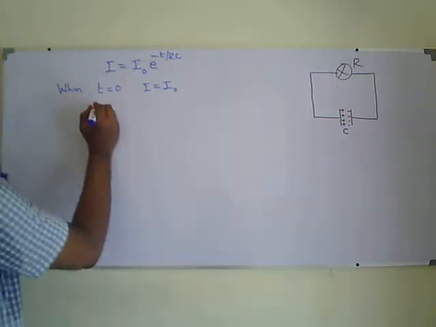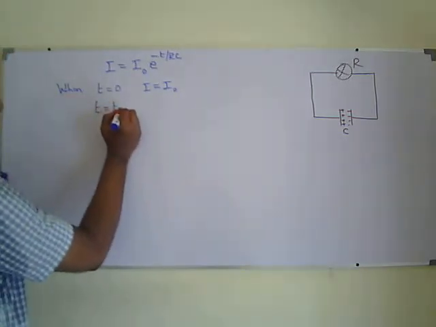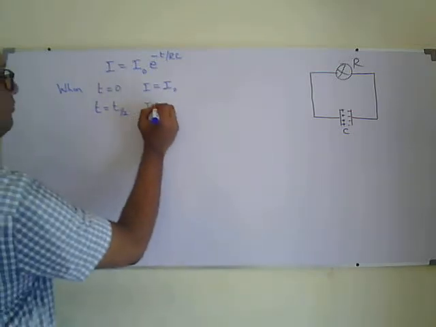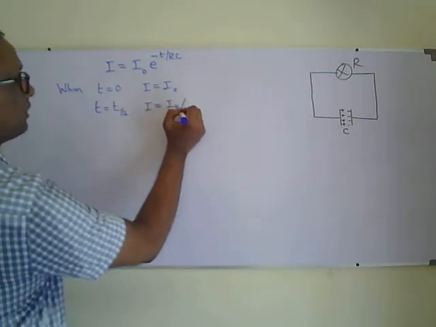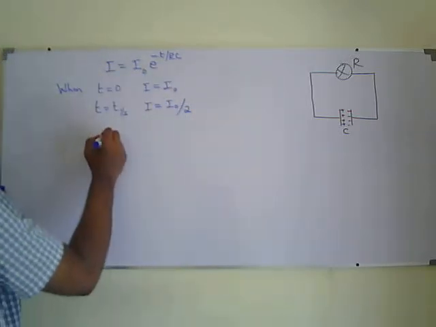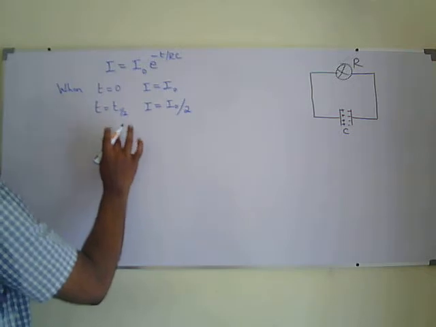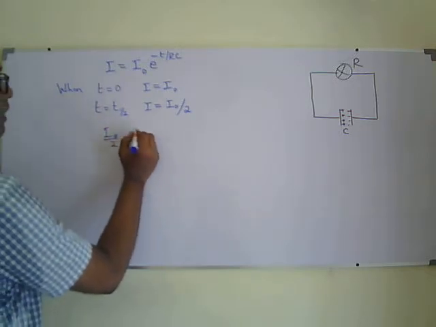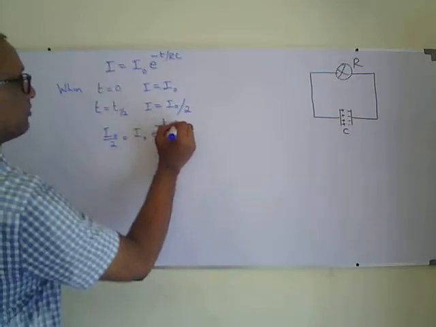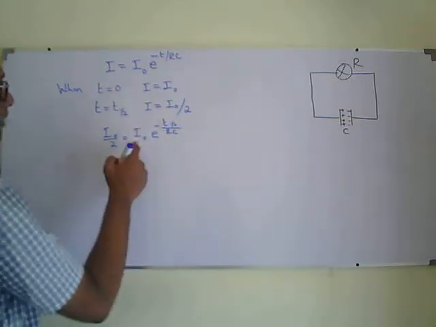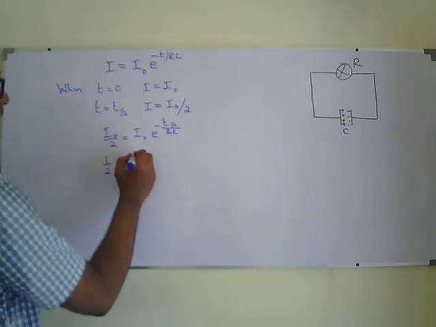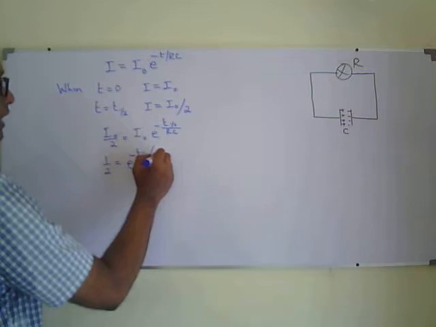So I can say when t equals t half, the half-life, the current flow I will become equal to I naught by 2. Substituting these in this equation, I naught by 2 will be equal to I naught e to the power minus t half over RC. I naught will get cancelled. Half equals e to the power minus t half over RC.